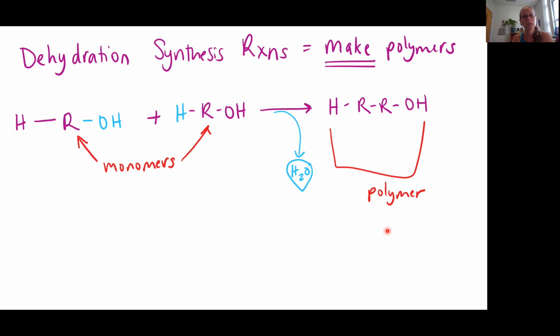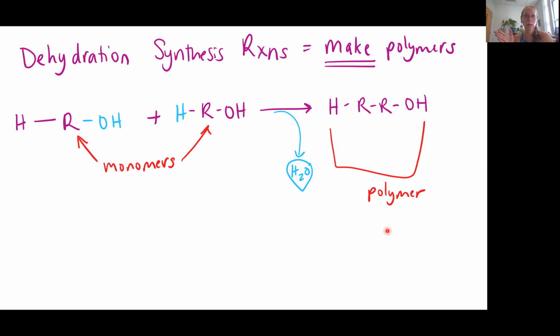So dehydration synthesis reactions are where you pull out a hydroxyl group, an OH and an H, to form water. And in doing so, you create a new bond between your monomers in order to build your polymer.